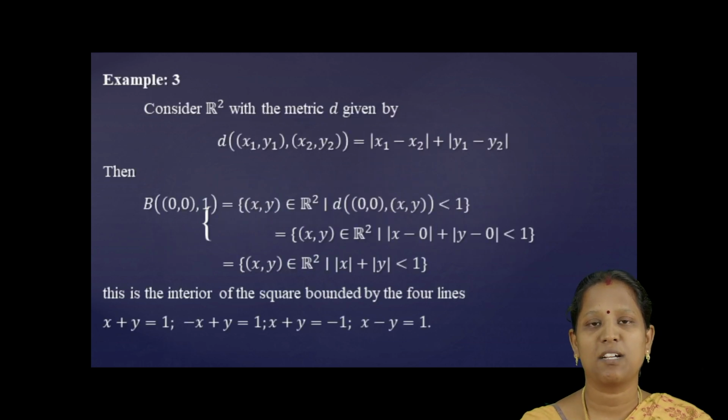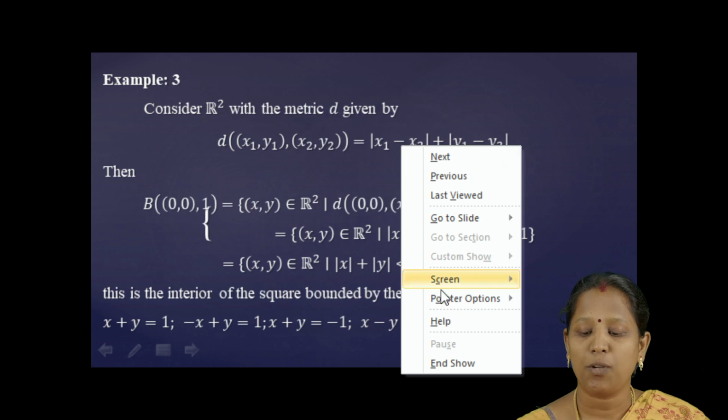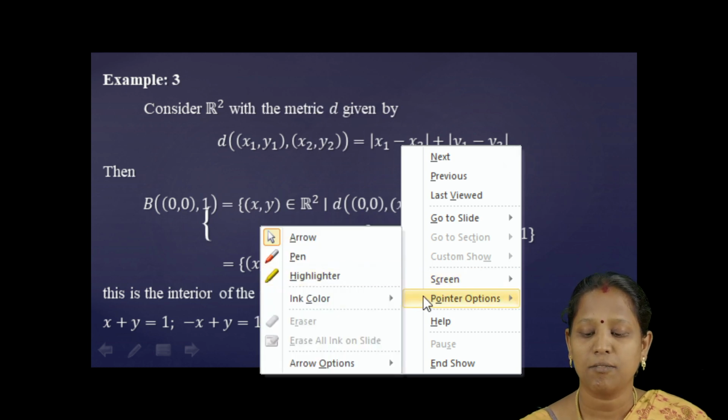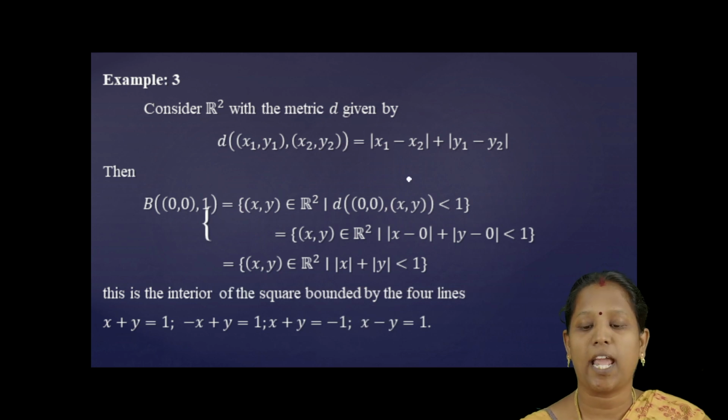In the next example, we will see what is an open ball in the metric space R2 with the metric modulus x1 minus x2 plus modulus y1 minus y2. This is the sum of the distance between the x coordinates and the distance between the y coordinates.